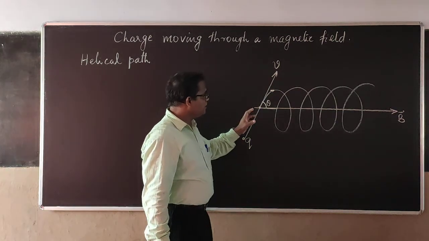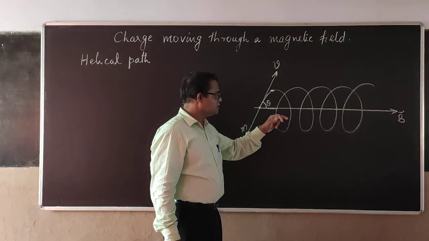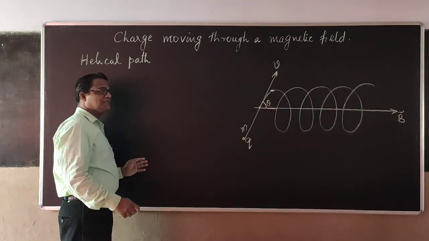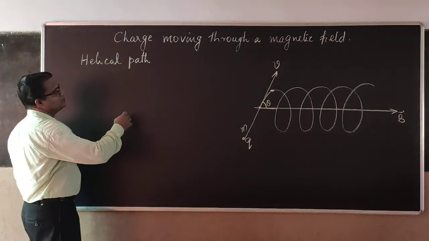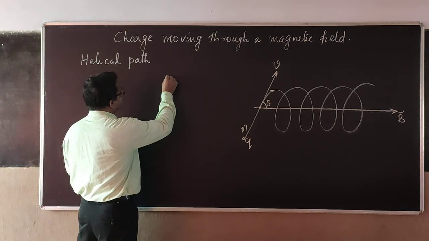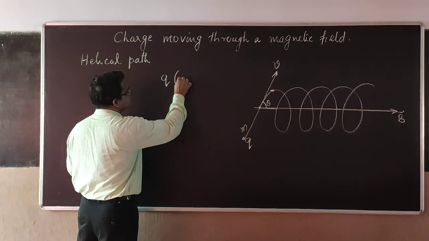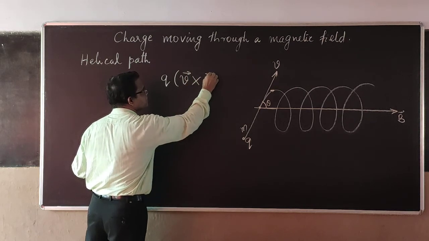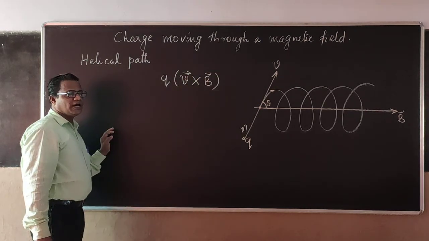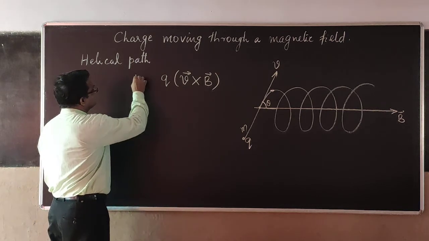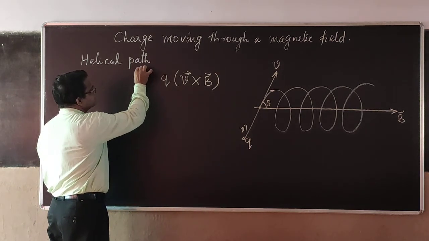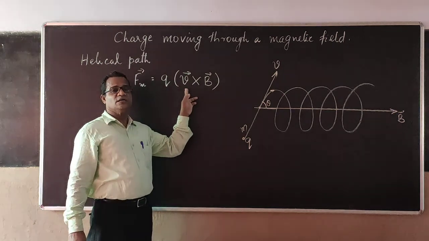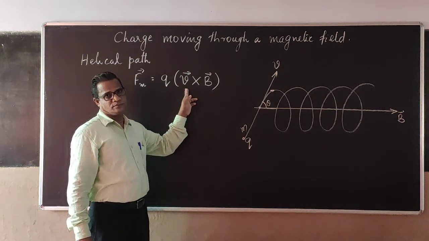Now why is the particle turning around? Because according to the magnetic Lorentz force, the force is of the form Q into V cross B, where the particle is experiencing a force F which is perpendicular to the direction of velocity.